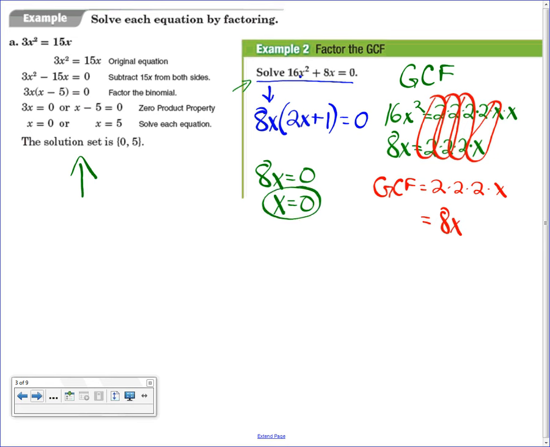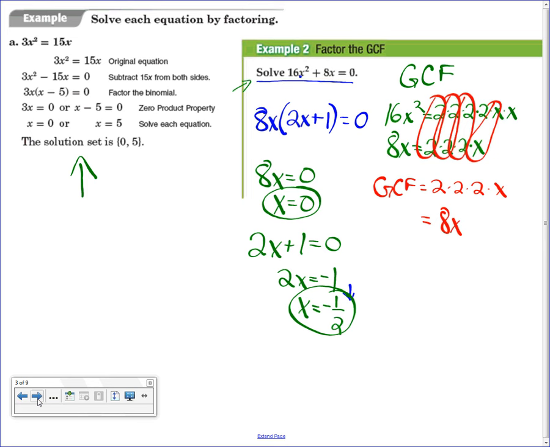On the other hand, if 2x plus 1 equals 0, then subtract 1 from both sides. 2x equals negative 1. Divide both sides by 2. X equals negative 1/2. So our two solutions for this equation are 0 and negative 1/2.